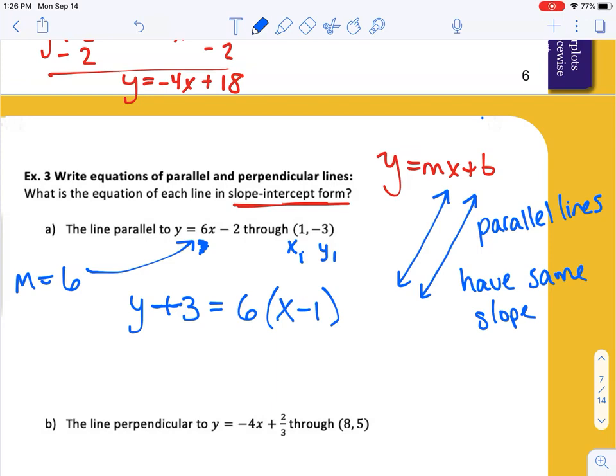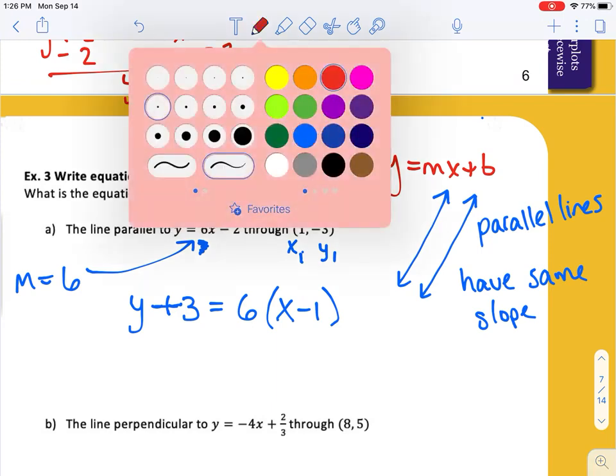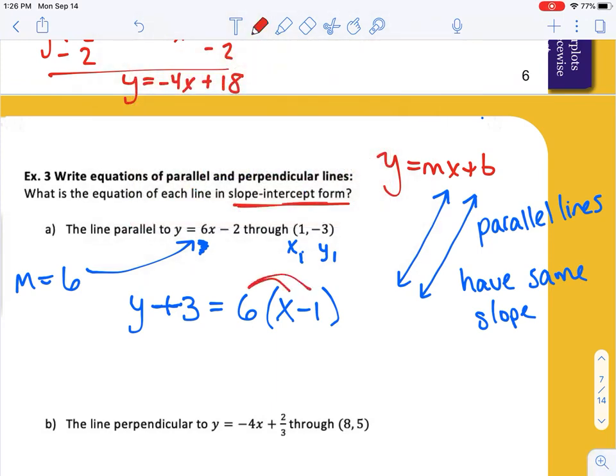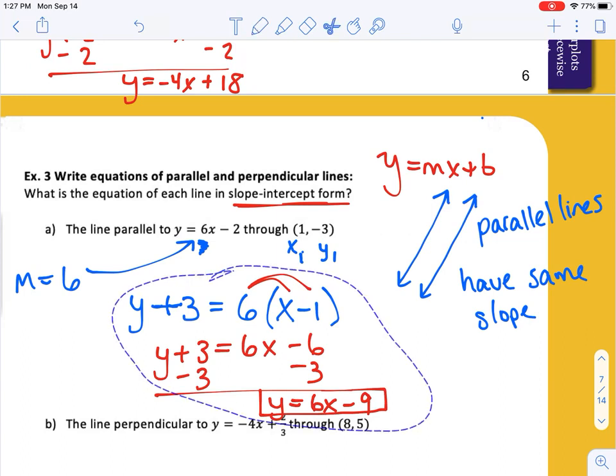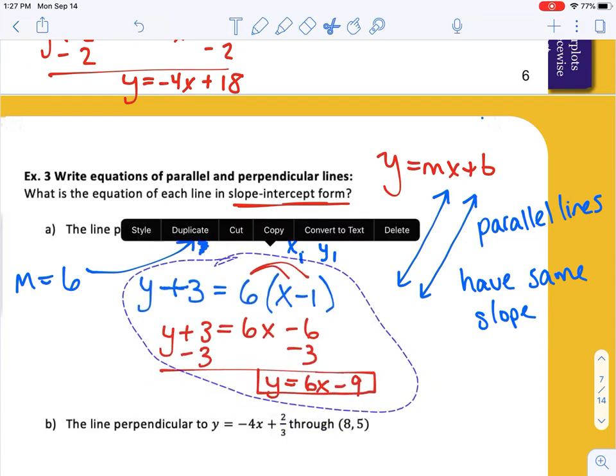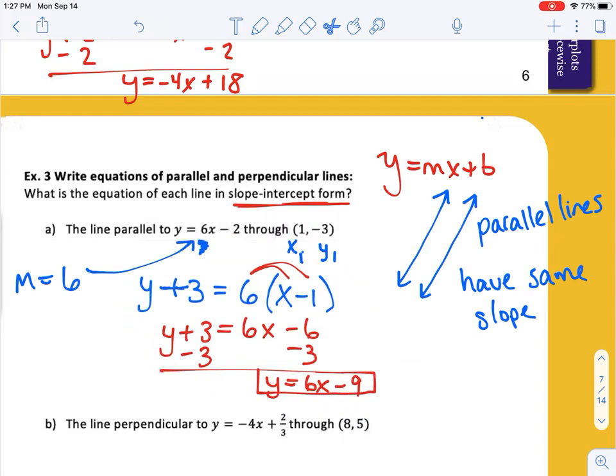We are finding slope-intercept, not point slope, so we can't stop here. We should distribute, so we get 6x minus 6. Subtract 3 on both sides. So y is going to equal 6x minus 9, and that is in slope-intercept form, exactly how we want it to be. Okay?